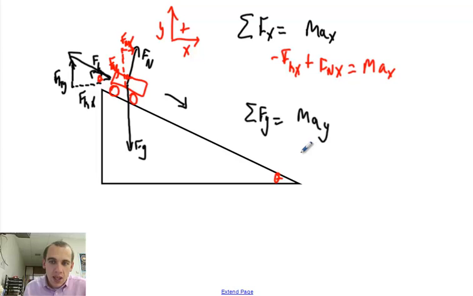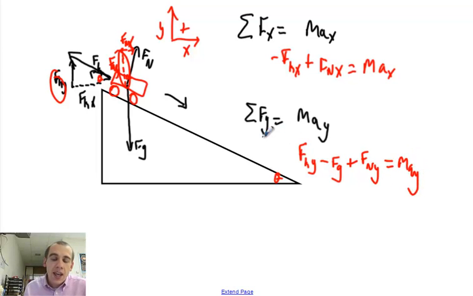In y, I have Fk,y, this one pulling up, minus Fg plus Fn,y equals m a_y. Now I have to do a whole bunch of trig to get these things to cancel. When I'm all said and done, I'm going to have an x component and a y component of acceleration, because this thing's accelerating this way, which really means it's accelerating in x and in y.